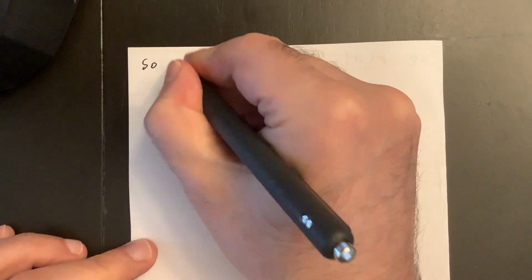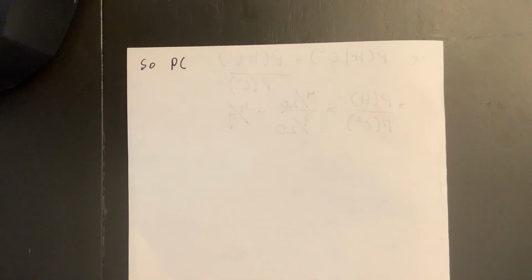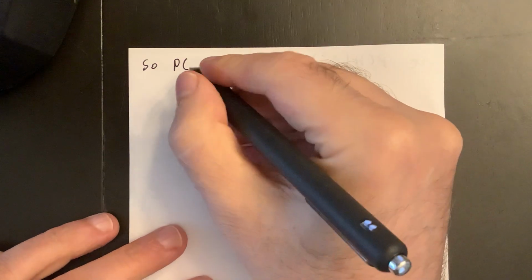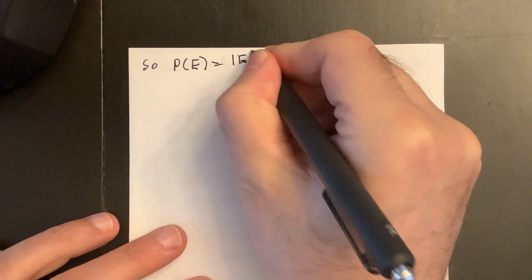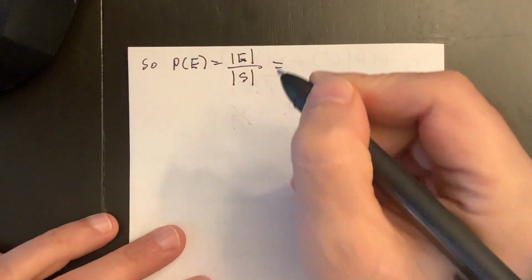So probability of E using the chapter 2 method: if I'm taking one selection of 2 out of those 15, the probability of E is the number of outcomes in E over the number of outcomes in S, because now all choices of 2 are equally likely, certainly, if it's at random.